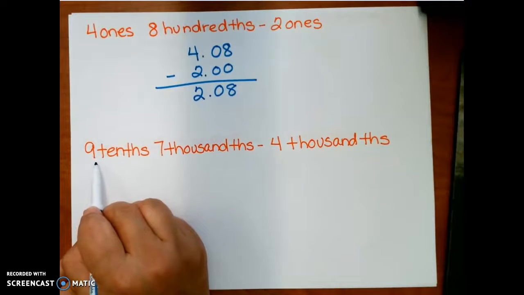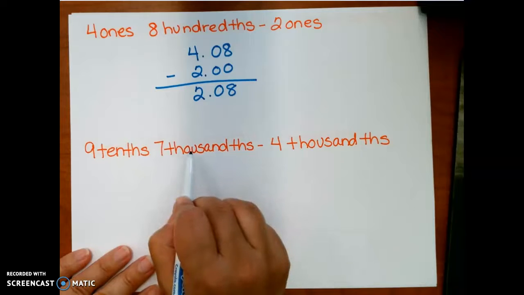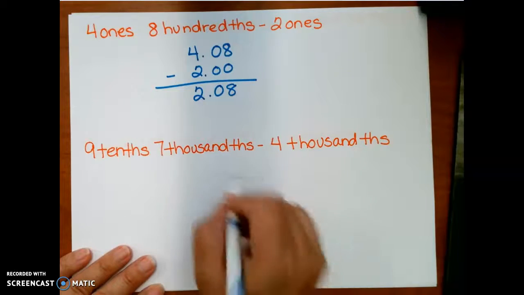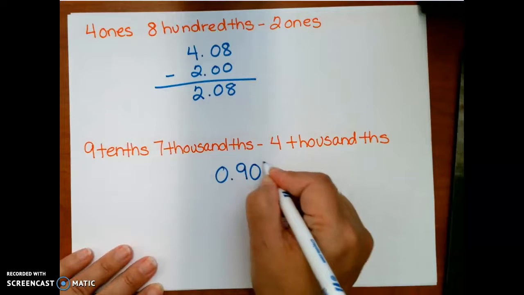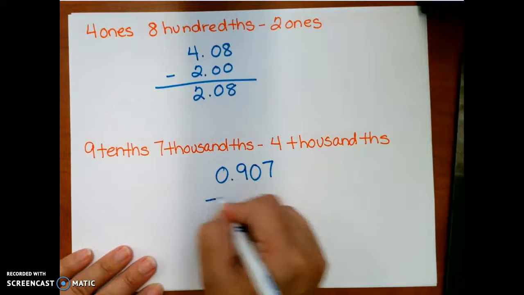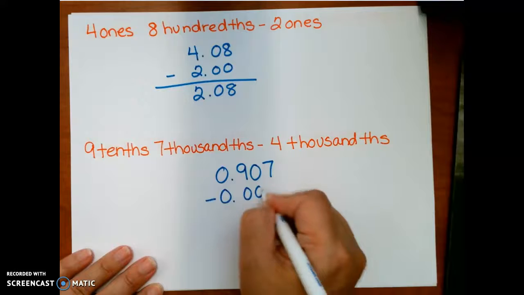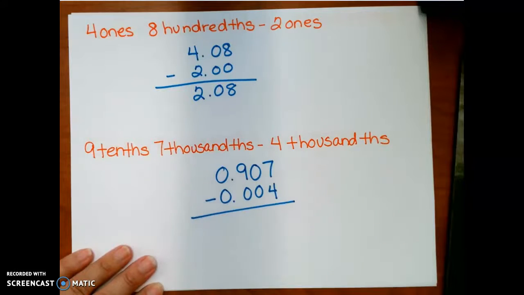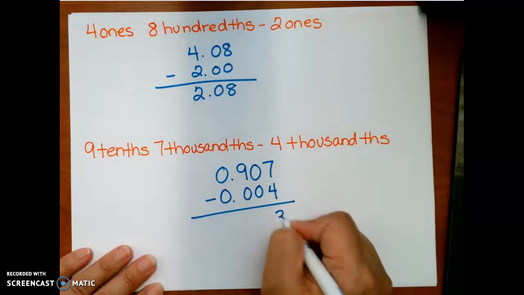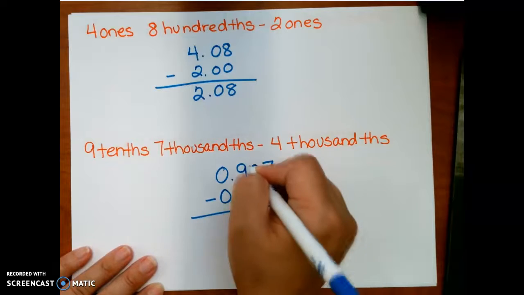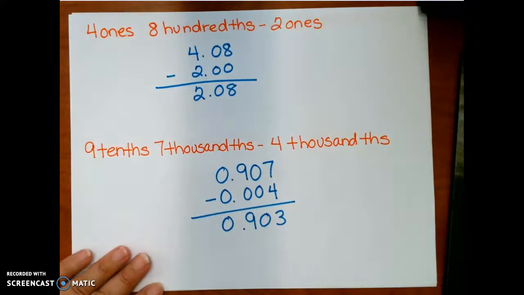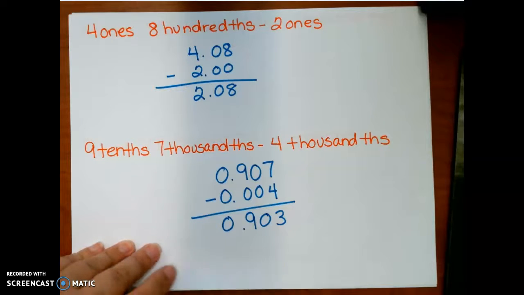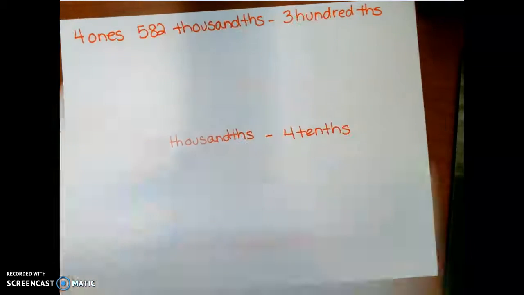Let's try this one. 9 tenths, 7 thousandths, minus 4 thousandths. 9 tenths, 0 hundredths, 7 thousandths, minus 4 thousandths. 7 minus 4 is 3. 0 minus 0 is 0. 9 minus 0 is 9. And 0 minus 0 is 0. So 9 tenths, 7 thousandths, minus 4 thousandths is 903 thousandths.